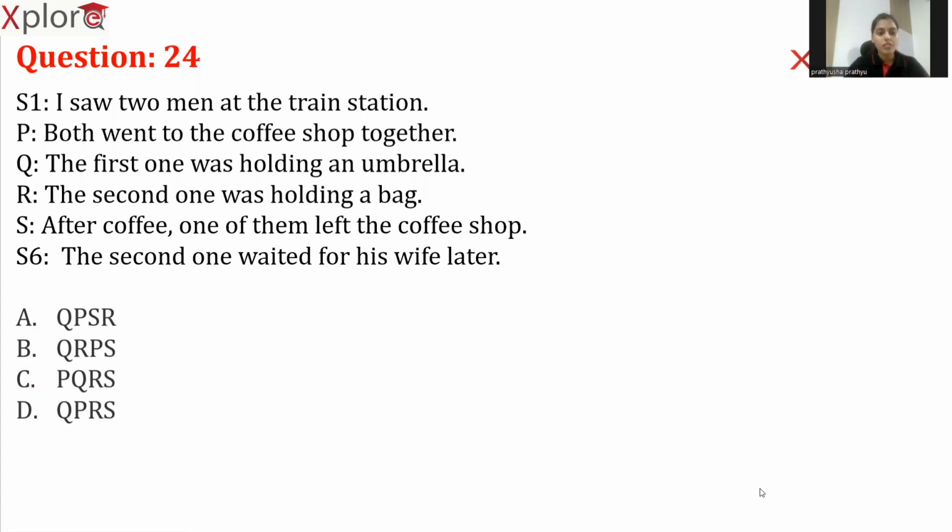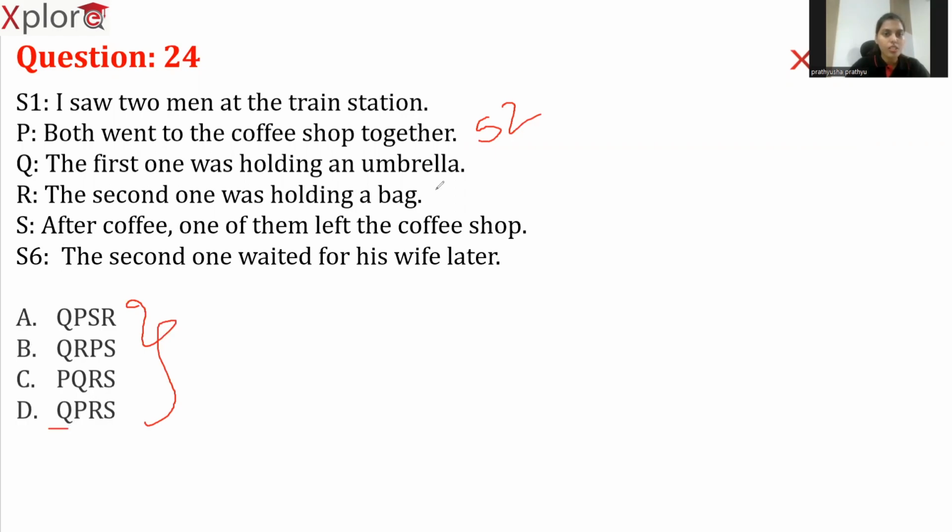So as you can see here, let's do some option verification. By looking at the options, we got to know that our second statement is between P or Q. As you can see, all the options here are either starting with Q or starting with P, right?